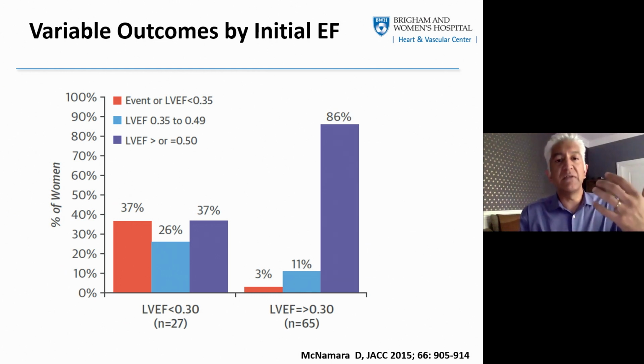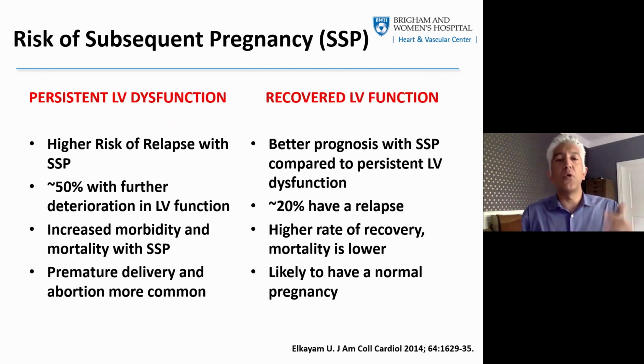And the reason that recovery of ventricular function is so important is that we know the risk of subsequent pregnancy in these women is much lower if they have recovery of ventricular function in between pregnancies than if ventricular function remains suppressed.